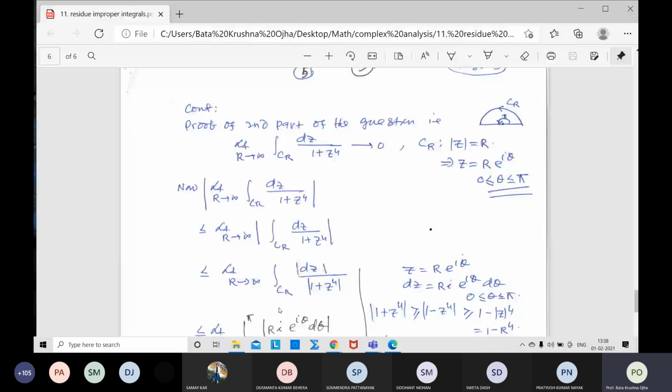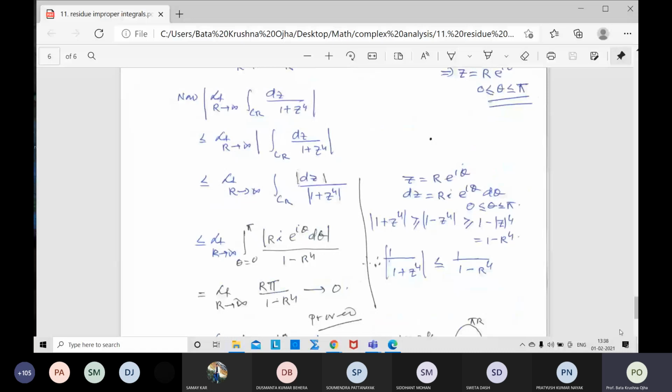If you take 1 plus z to the 4, by the triangle inequality mod of 1 plus z to the 4 is greater than or equal to 1 minus mod of z to the 4. So we convert it in terms of r: mod of 1 plus z to the 4 is greater than or equal to 1 minus r to the 4.